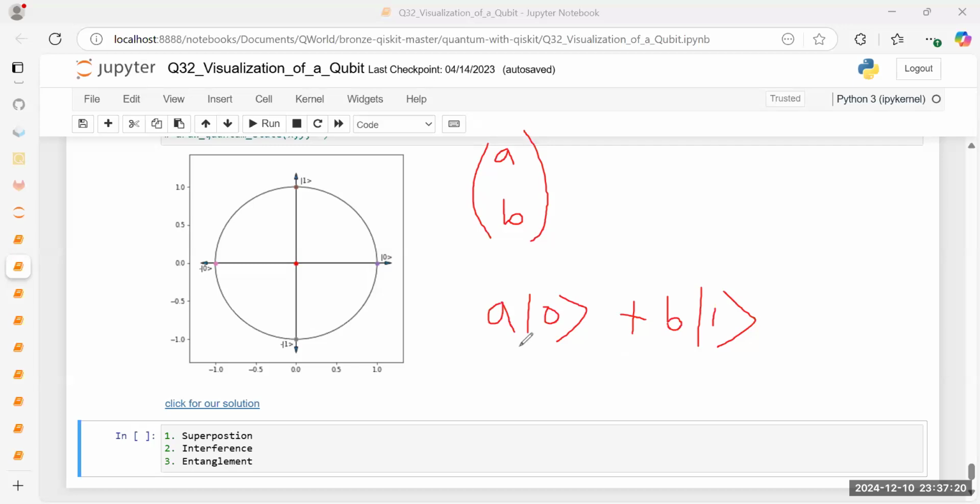Okay, so at this point, there are actually 2 ways that it's clear to us that superposition is a powerful quantum resource that is advantageous as against working with a classical bit.